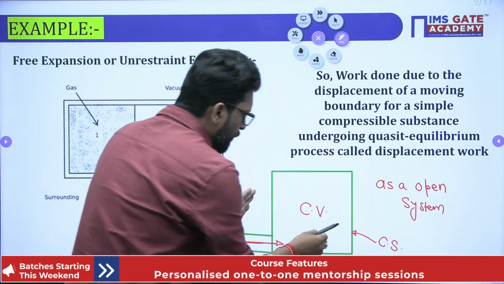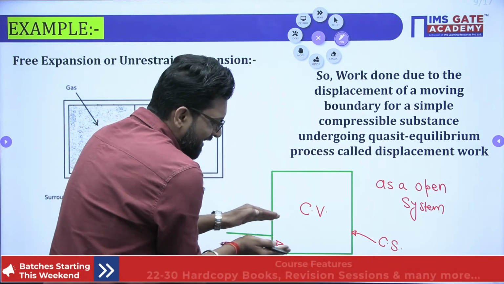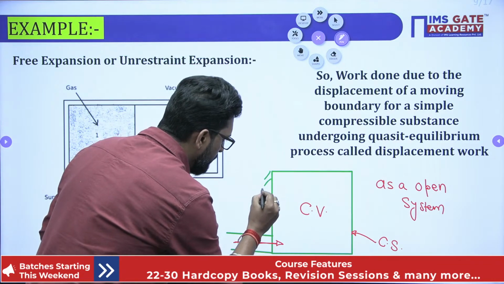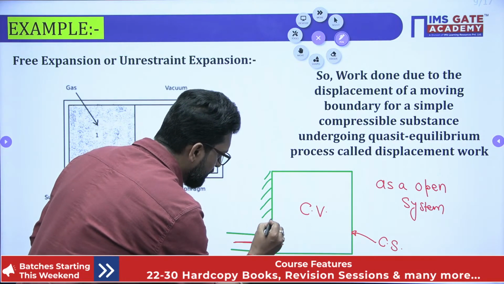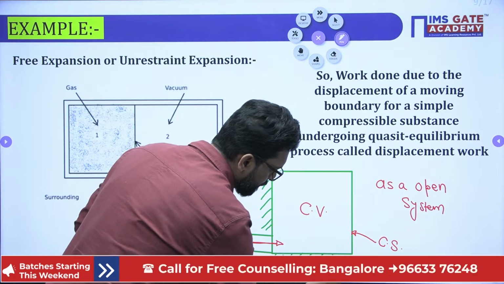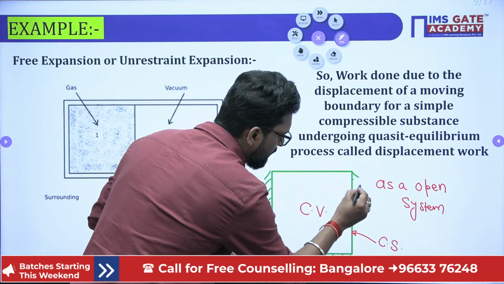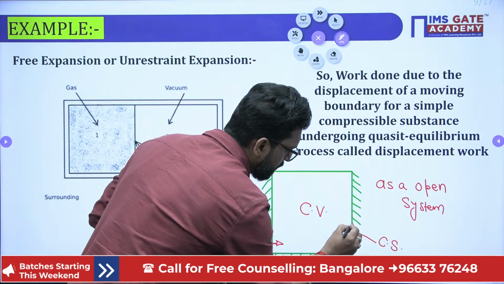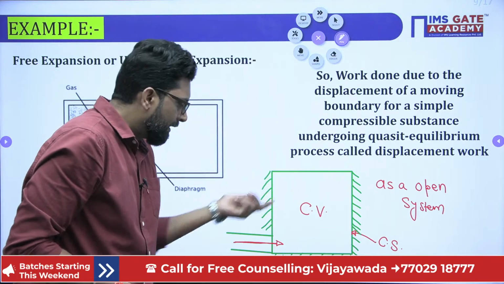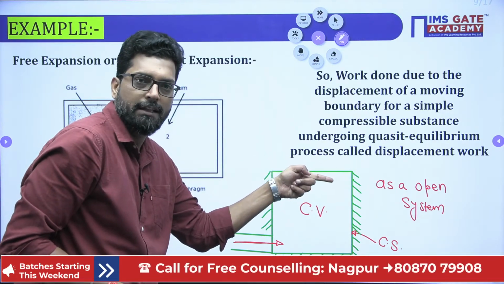Now, let's suppose this side is a rigid wall, this side is a rigid wall, and the bottom side is also a rigid wall. These are all rigid, and these others are not rigid; they are flexible.